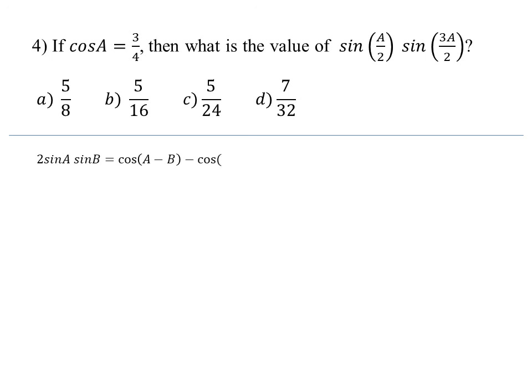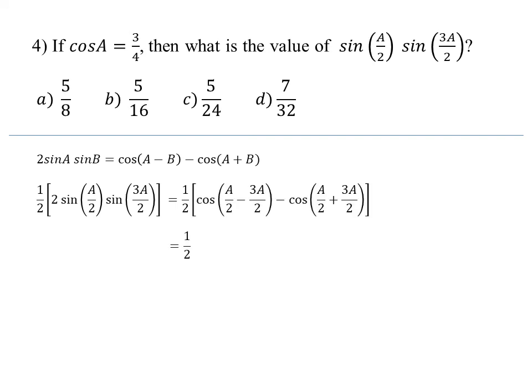2 sin A sin B is equal to cos(A-B) minus cos(A+B). Here a 2 is missing, so multiplying and dividing by 2, 1 by 2 into 2 sin(A/2) sin(3A/2) is equal to 1 by 2 into [cos(A/2 - 3A/2) minus cos(A/2 + 3A/2)]. A/2 minus 3A/2 is 2A by 2, that is A, and A/2 plus 3A/2 is 4A by 2, that is 2A.